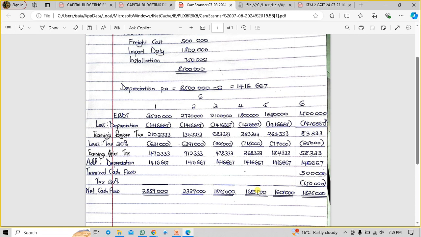So which figure are you getting as the payback period? 3.823. Anybody else with a different answer? Any clarification that you need?